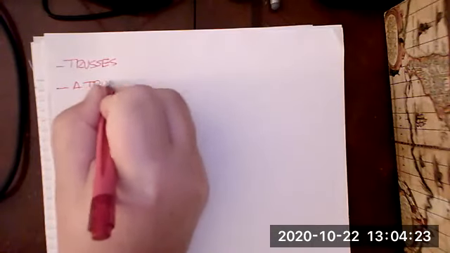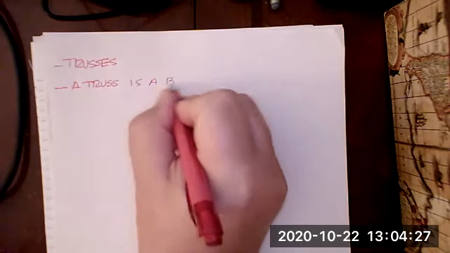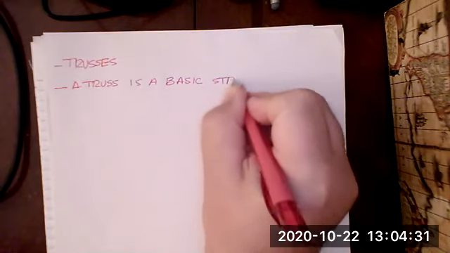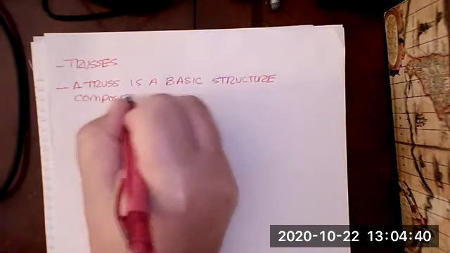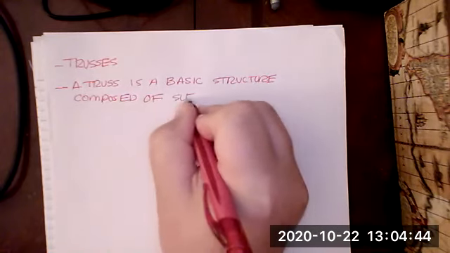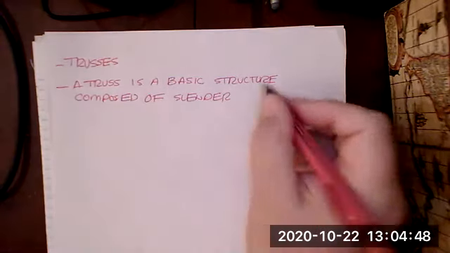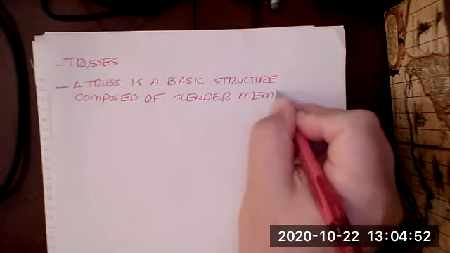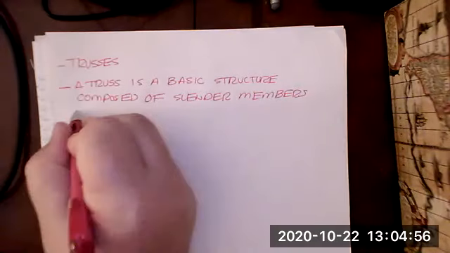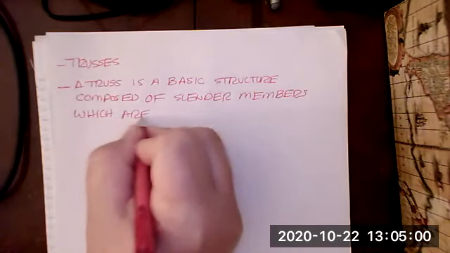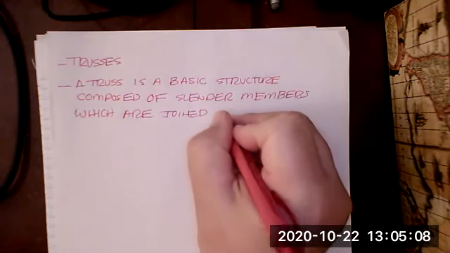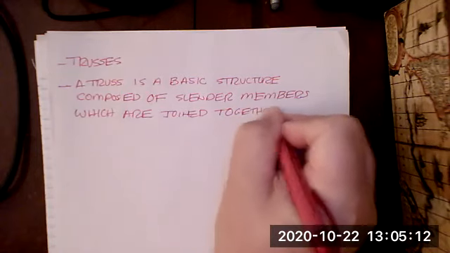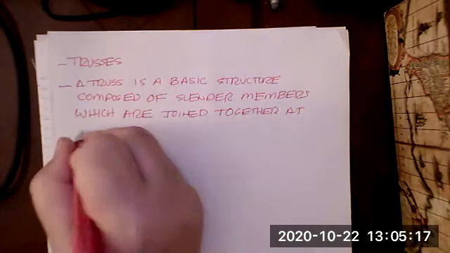So a truss is a basic structure composed of slender members which are joined together at their endpoints. Joined together at their endpoints.